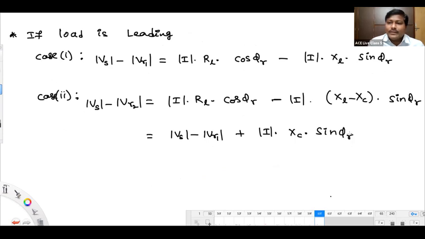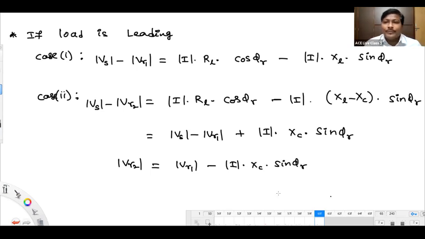Vs cancels out and you get Vr2 equal to Vr1 minus I into Xc into sin phi r.